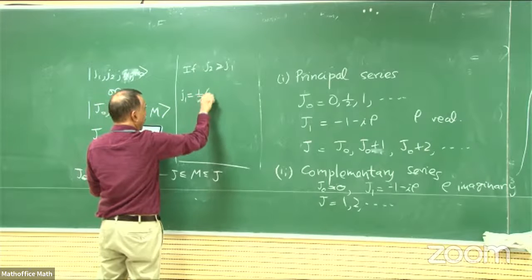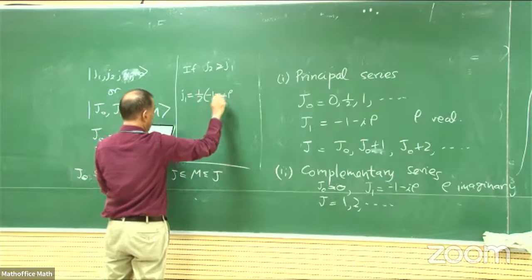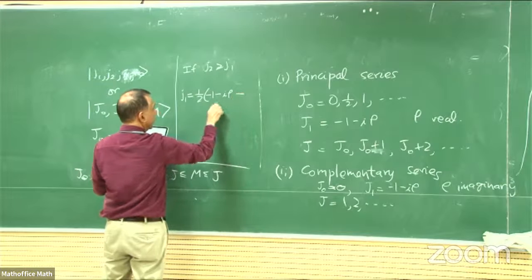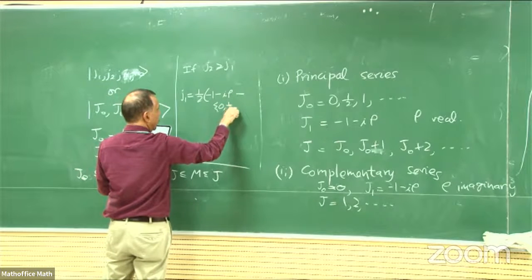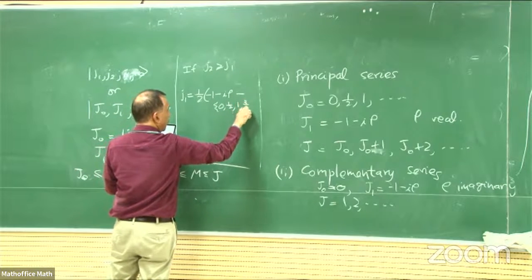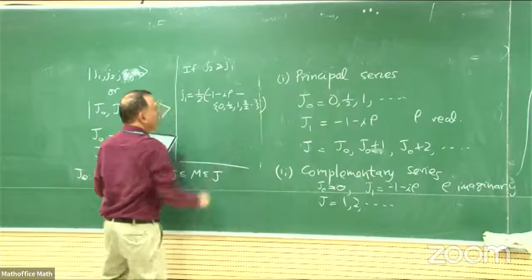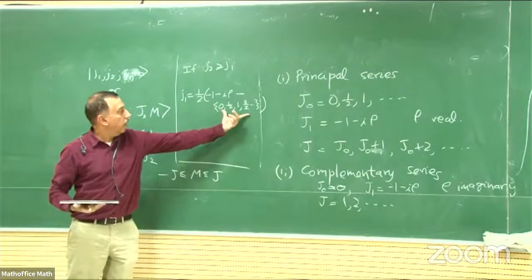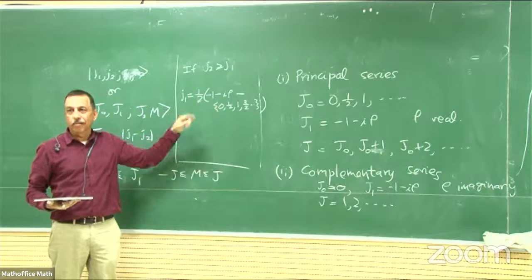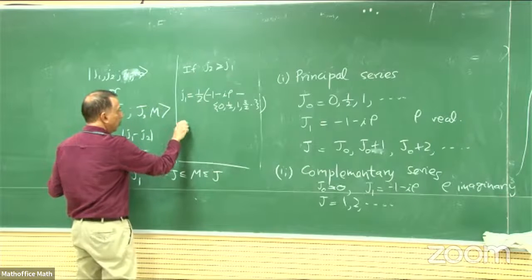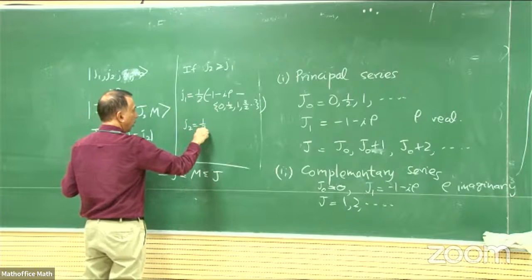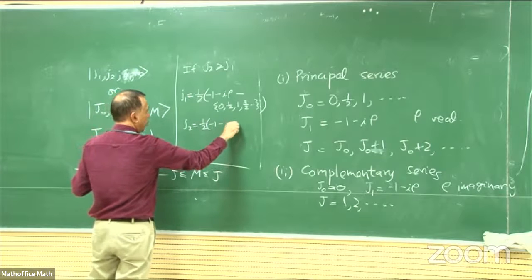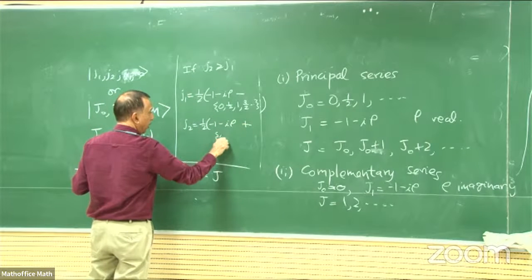And J1 is half times minus 1 minus I rho minus any of these numbers. And notice that this contribution now can be a quarter integer because of this half in front. J2 is the same thing, but plus this thing.